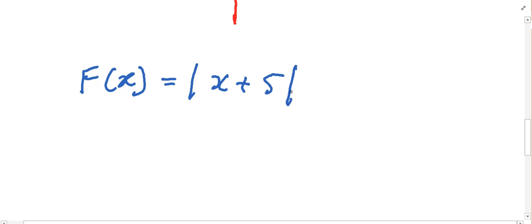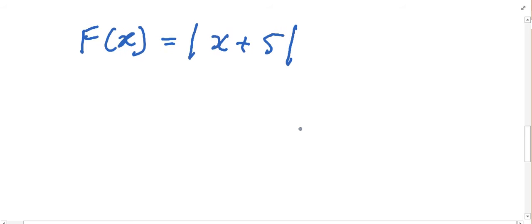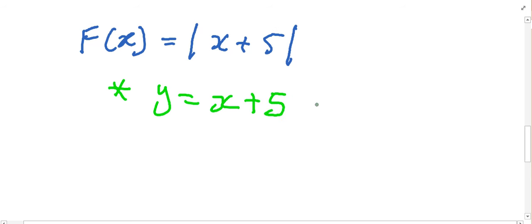So how can you easily do it? Like I said initially, the best thing you can do first is sketching the graph without the absolute value. So you have y is equal to what is inside there, which is x plus 5.